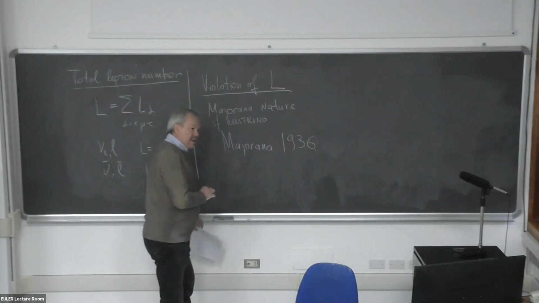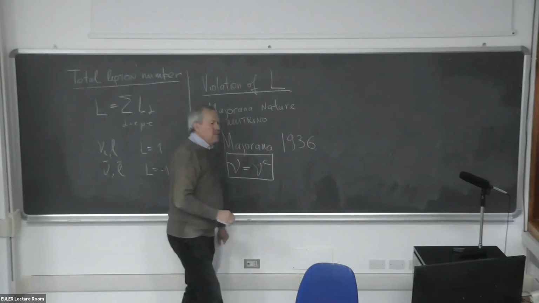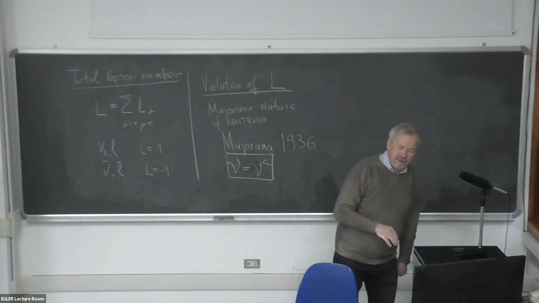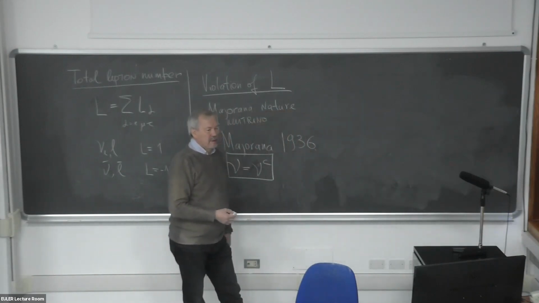According to Majorana, neutrino coincides with antineutrino. So this is why it has fewer components, right? Because we have 4-component Dirac fermions. We have different polarizations and fermion and antifermion.